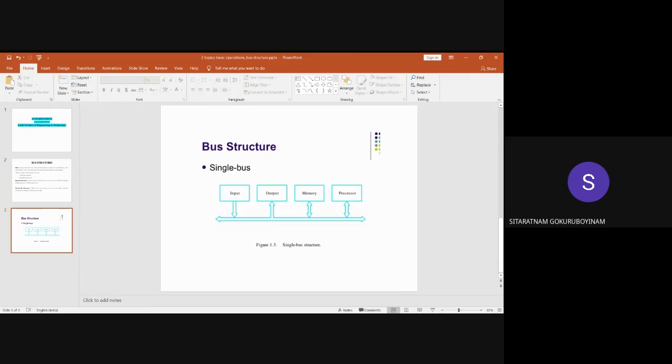In this bus structure, different devices like the input device, output unit, memory unit, and processor unit are different blocks connected to a common bus. Data is transferred from one unit to another at a particular time.